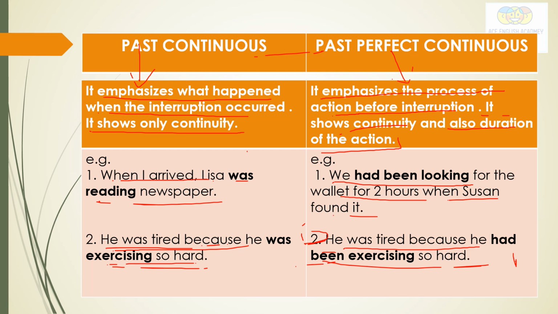That he was still exercising at that moment, or that he had just finished exercising. So anything is possible. So here what matters? Duration of the action. I hope now this past perfect tense, past perfect continuous tense and past continuous tense both are clear to you. Moving on.